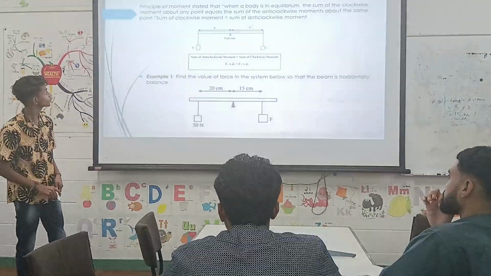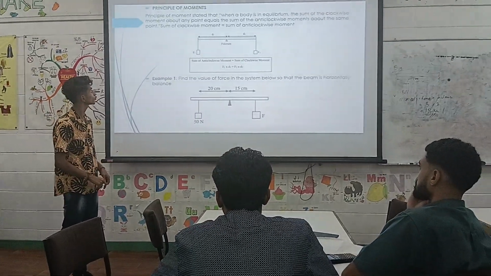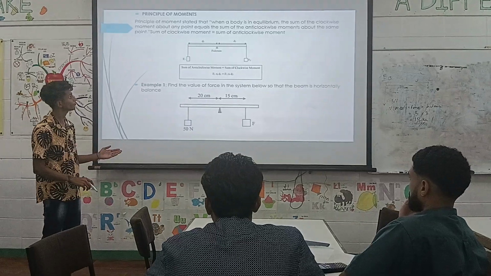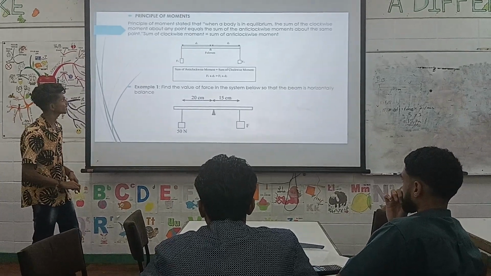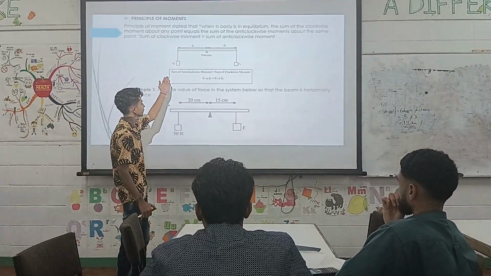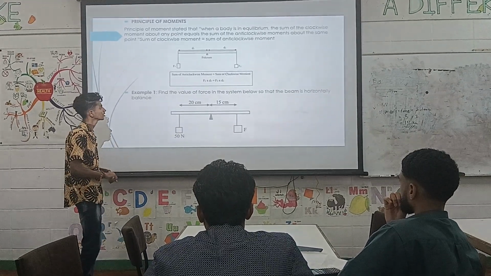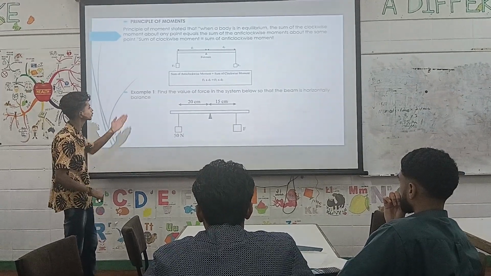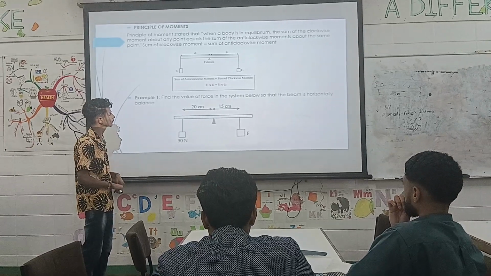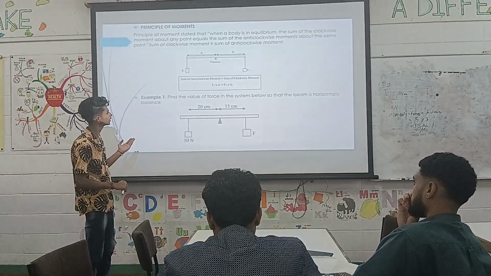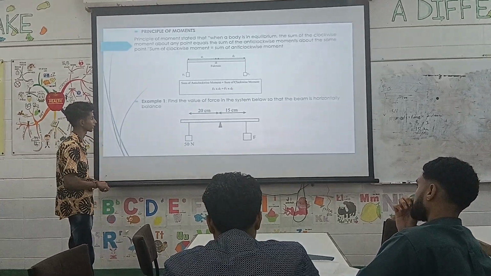The formula is: sum of clockwise moments equals sum of anti-clockwise moments. You can see this is like a seesaw balance situation, which you use in real life. Like you have to calculate the force for a particular person, or the weight of a person. You can use this formula.